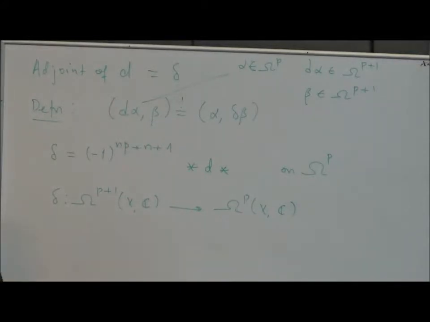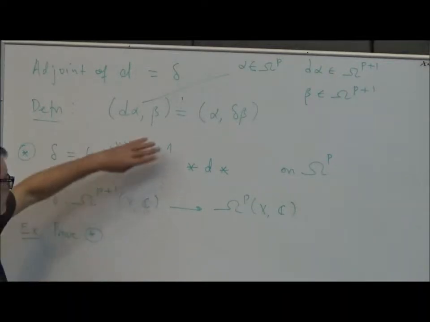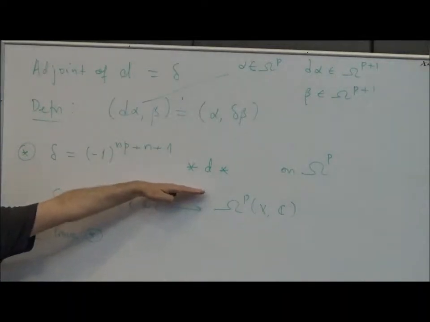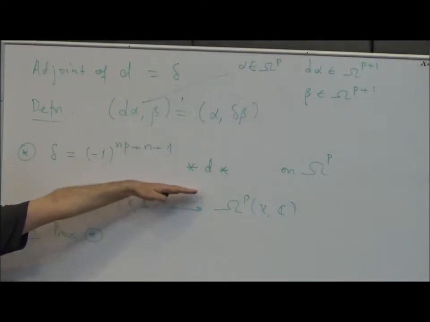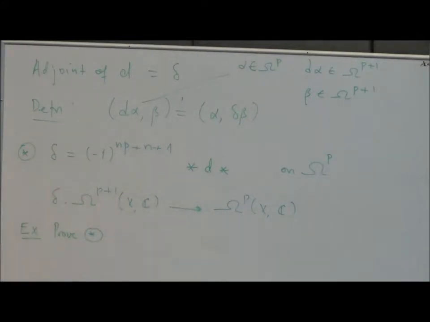Exercise. Prove the formula for delta. If you don't worry about the sign, this is actually trivial. Okay. Why is it trivial?